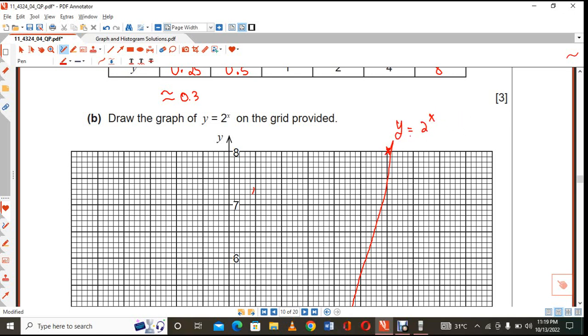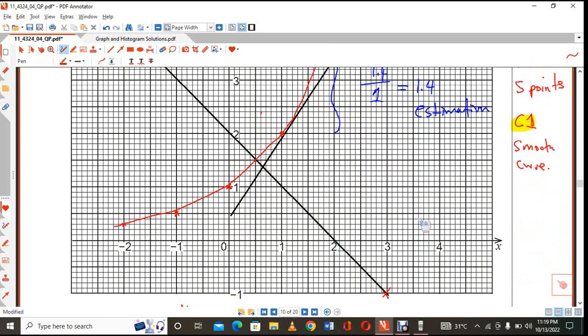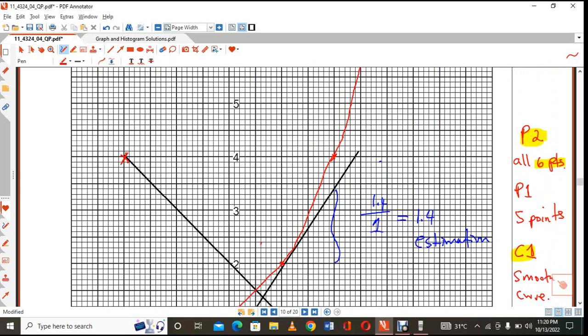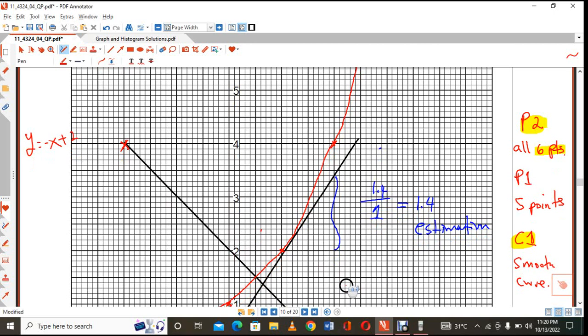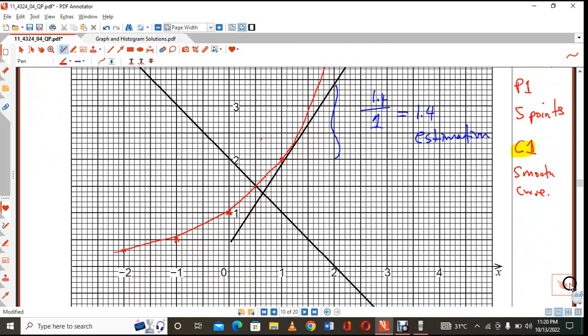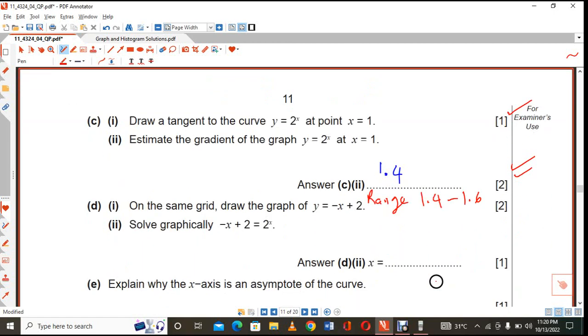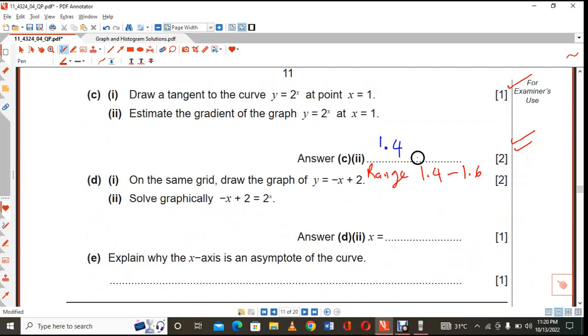The straight line I'm going to write outside here: y equals minus x plus 2. Is it minus x plus 2? Yes, it's cutting the y-axis at 2. Good. So that is 2 marks for doing that.